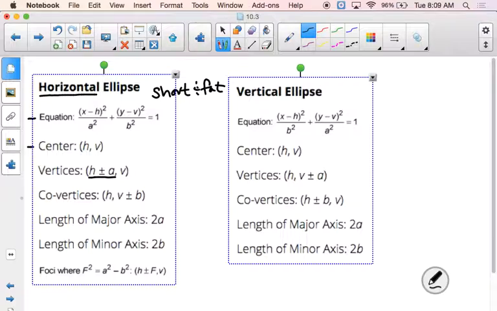Your covertices are your center plus or minus b. The length of the major axis is 2a, your minor is 2b, and your foci formula is c squared equals a squared minus b squared. Notice when you're doing a vertical, since b squared and a squared flip-flop, so do your vertices and covertices formulas.